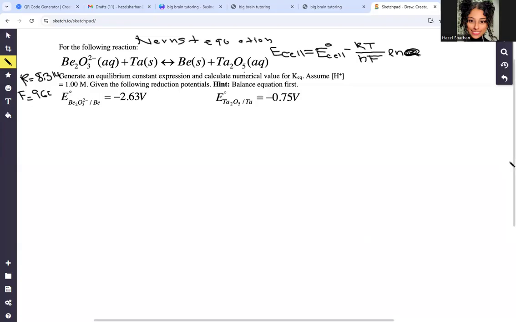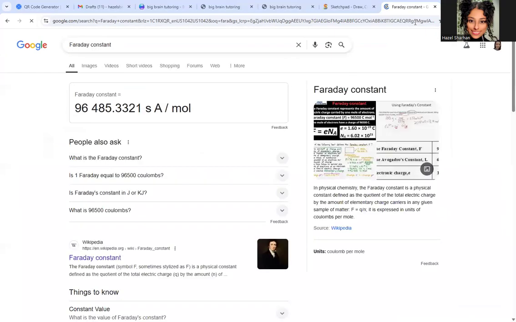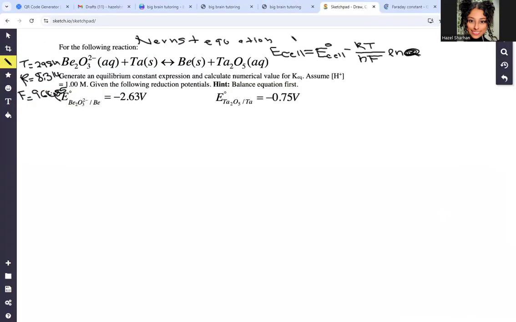All right, let me finish writing it. 96485. And our standard temperature is 25 degrees Celsius, which is 298 Kelvin. Let me remove this real quick. Faraday's constant, 96485. Yep, that's right. Okay.